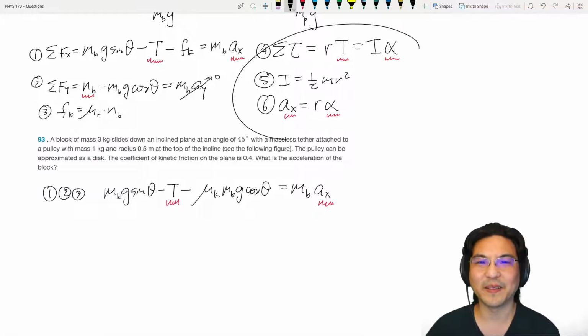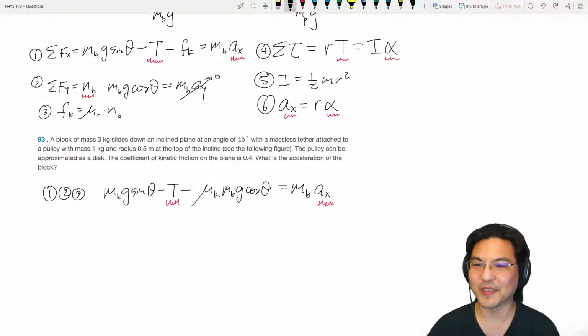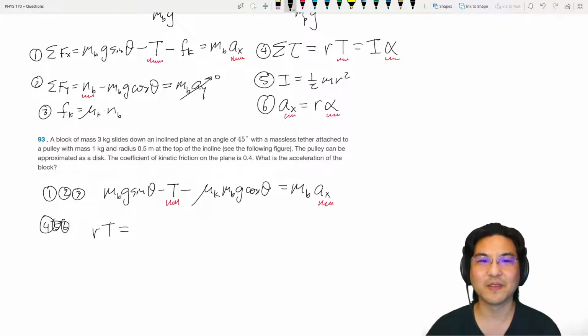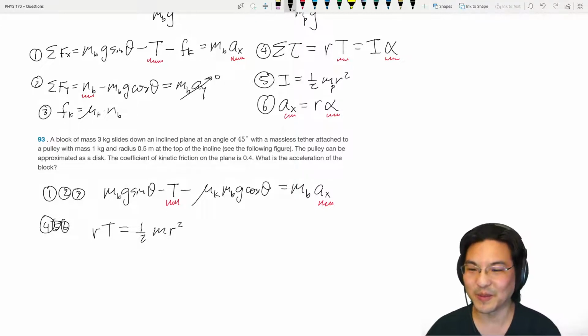Now let me combine these three equations, 4, 5, and 6. Equation 4, r times T equals I, which is from equation 5, 1/2 mr squared. Oh, m of the pulley. Mass of the pulley. I need to be careful there.